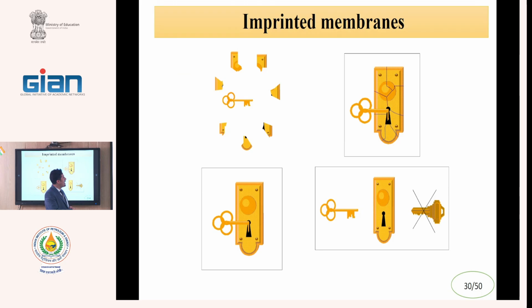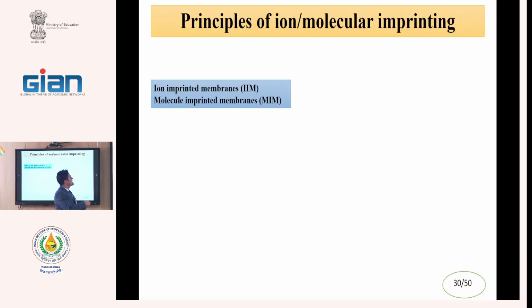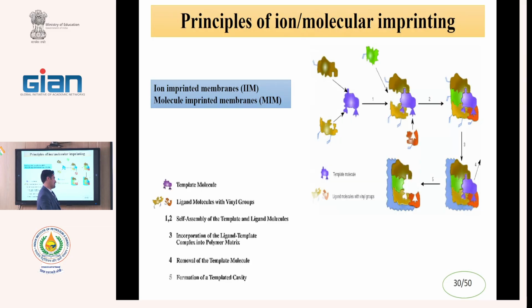Based on the application, this imprinted membrane can be categorized into ion imprinted and molecular imprinted membranes. That means ion imprinted separates a specific ion, such as nickel, cobalt, heavy metals, and the molecular imprinted separates organic matter from water.